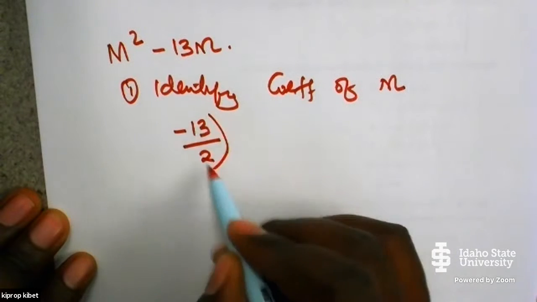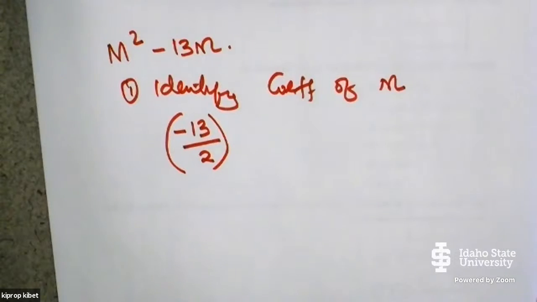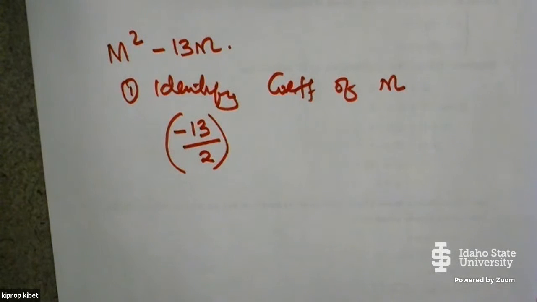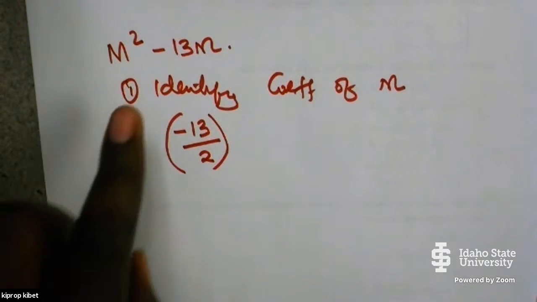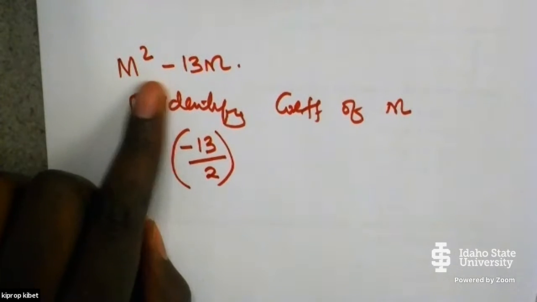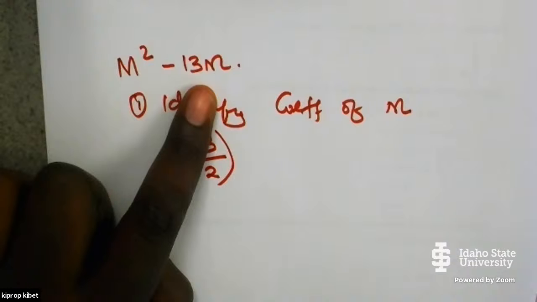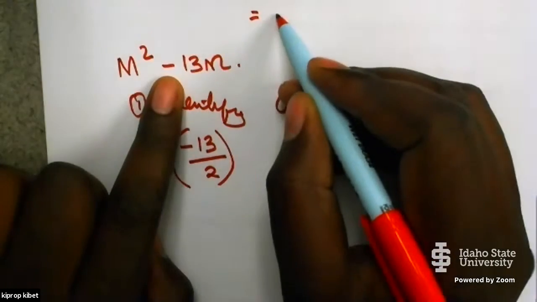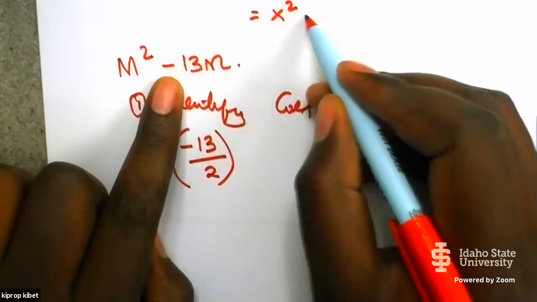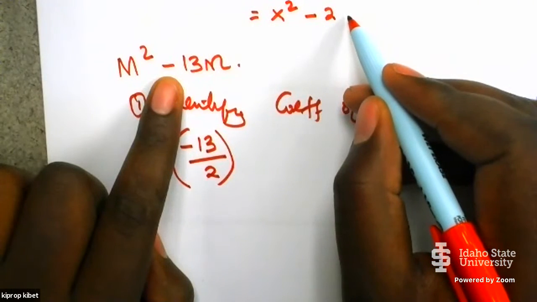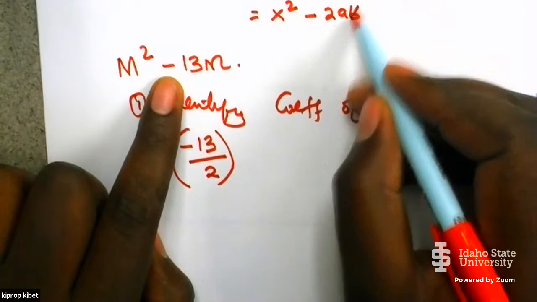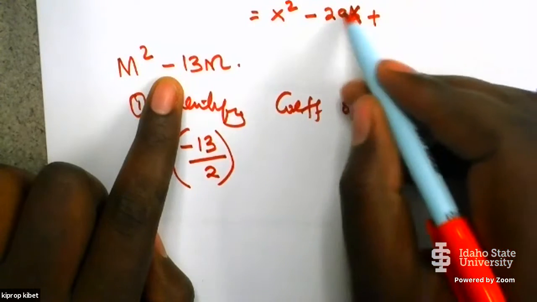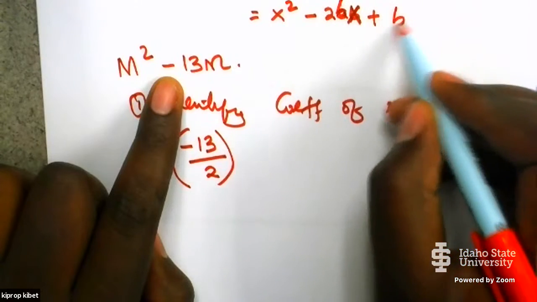Basically, to write this as a trinomial, it will be of this form: x squared minus 2ax plus b squared.